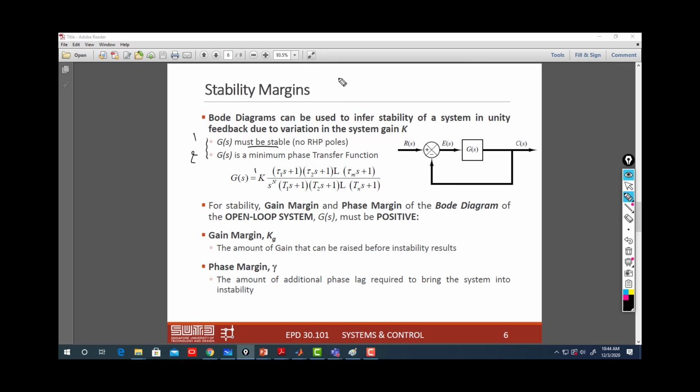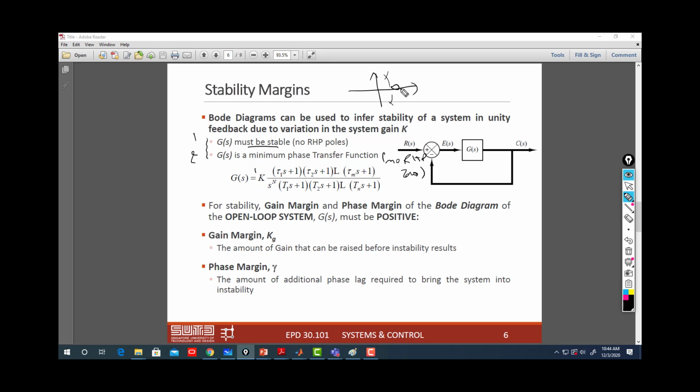G is a minimum phase transfer function if it has no zeros in the right half plane. So I should have no right half plane poles and no right half plane zeros. Even with right half plane poles, like a self-balanced robot or inverted pendulum, this does not necessarily lead to an unstable system.